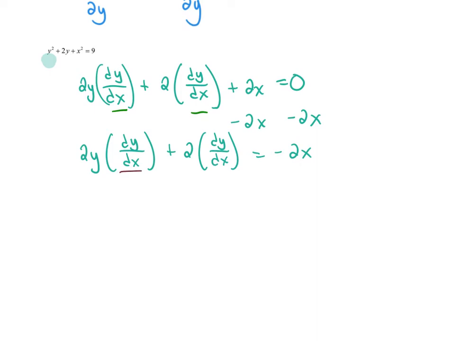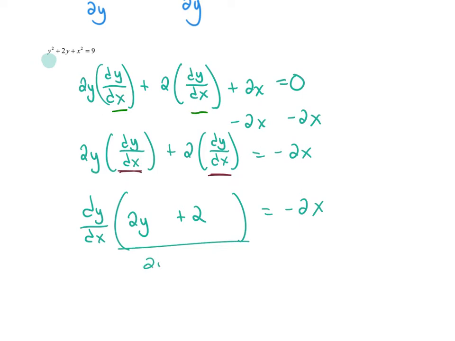Since these both have a dy/dx, I'm going to factor that out. I'll take it out front, and anything left stays inside the parentheses, which is the 2y and the 2, because if they have a term in common, you can take that out.